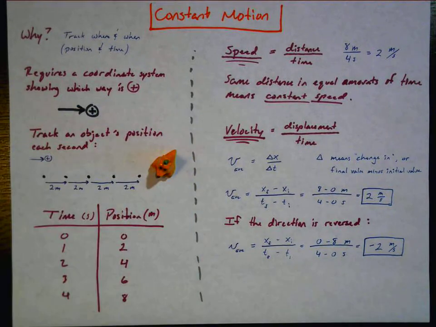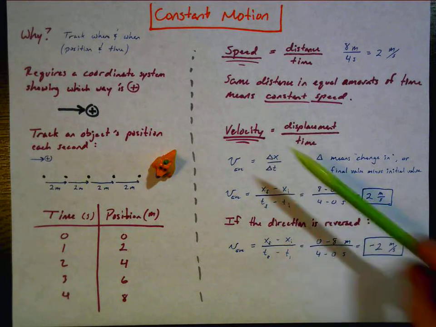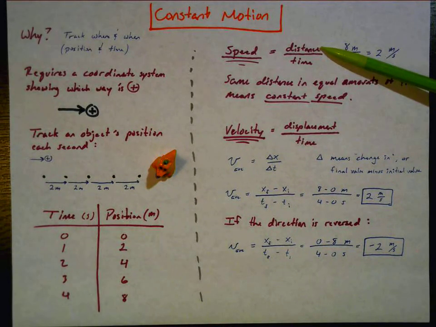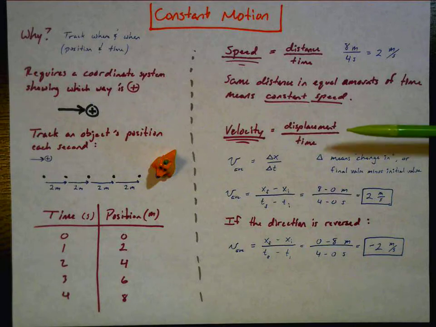Okay. Now there's a new concept that you may have heard of, but most people aren't very familiar with it and don't quite understand it well enough. Velocity. Velocity is equal to displacement divided by time. Displacement is a different word than distance, and it has a different meaning. Displacement actually means the change in position, not just how far, but the change in position, and that's really important.